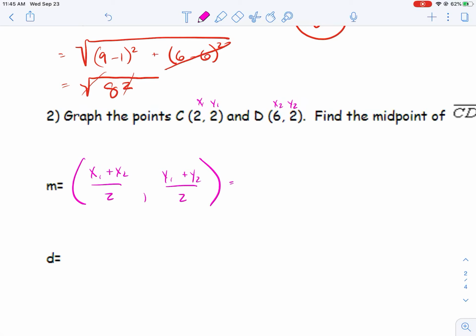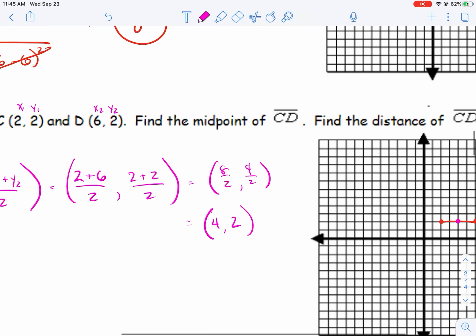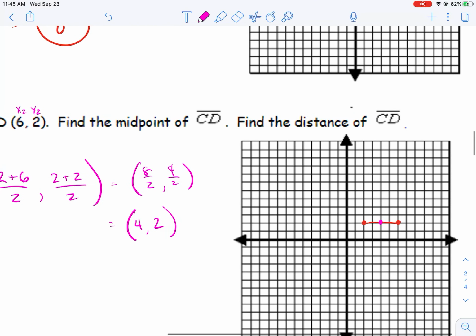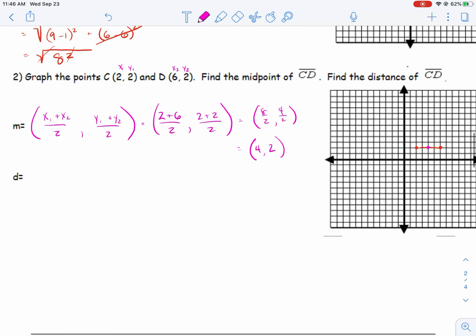So I'm going to plug these in: 2 plus 6 divided by 2 and 2 plus 2 divided by 2, which gives 8 divided by 2, 4 divided by 2. Finally, we get 4, 2, which is exactly where we put that dot. So we just verified that is the midpoint.